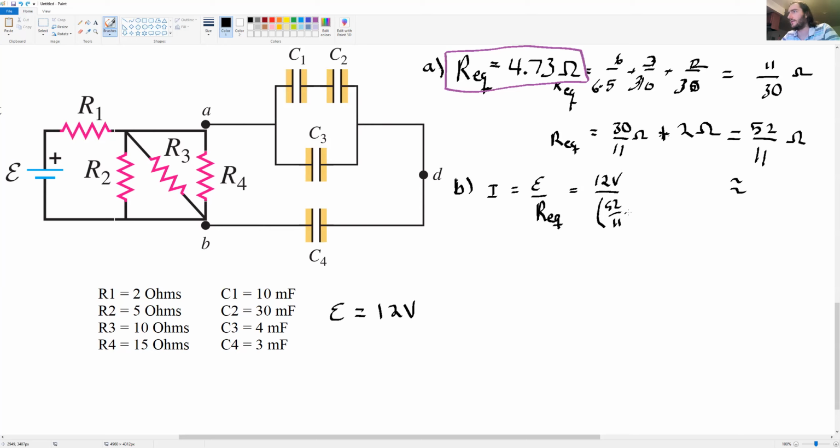When we do that, we can write down an exact answer here for the current, and that exact answer is 132 over 52, and that is amps.